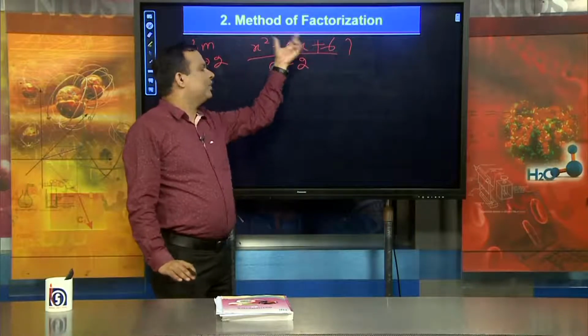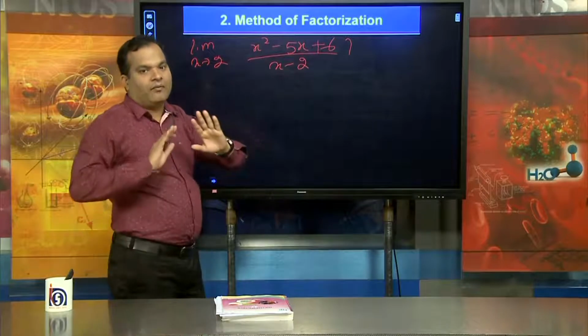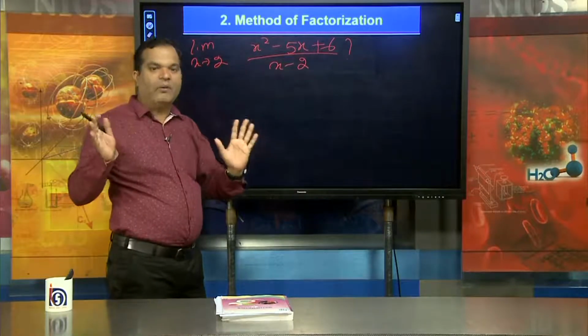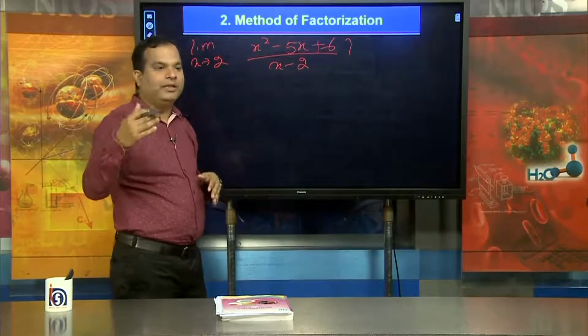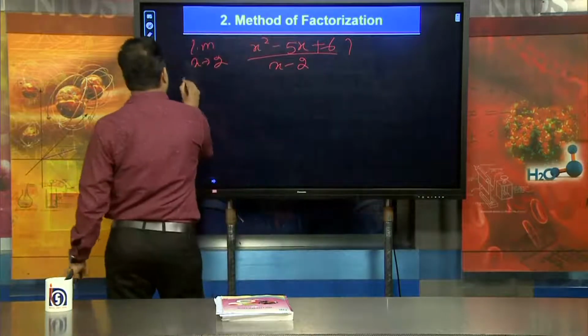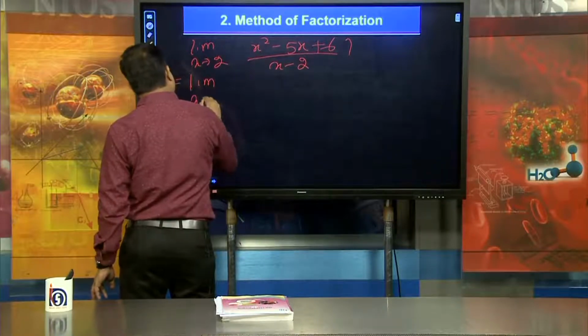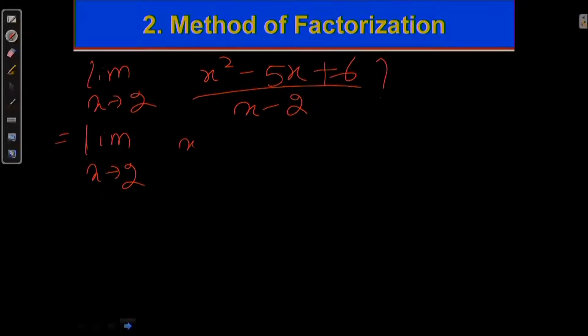We cannot find the value by putting in the value; we have to factorize. We can apply the quadratic formula, or the middle term formula. That part we already know. Suppose we solve limit x tends to 2 of x square minus 2x minus 3x plus 6 divided by x minus 2.